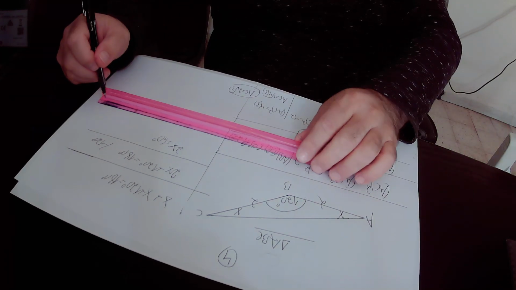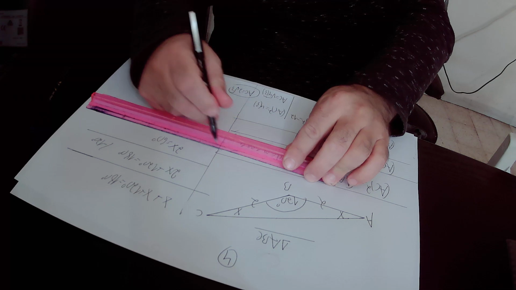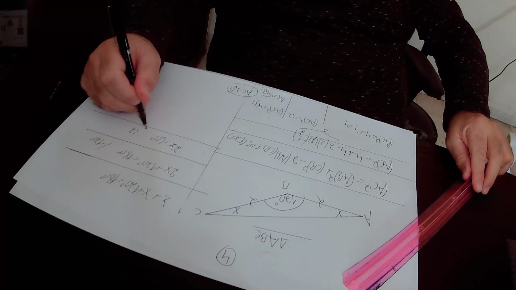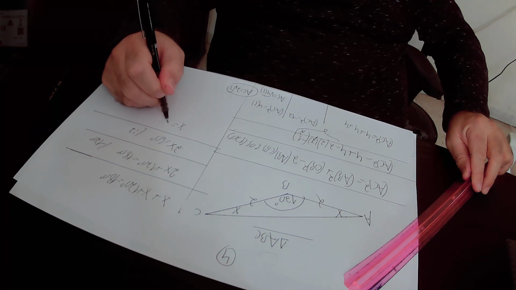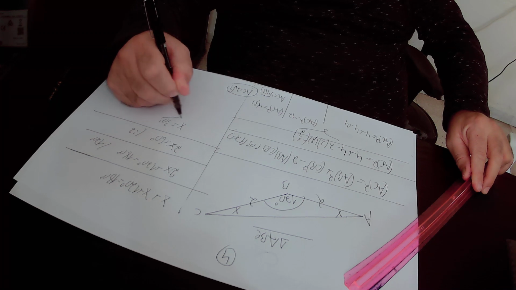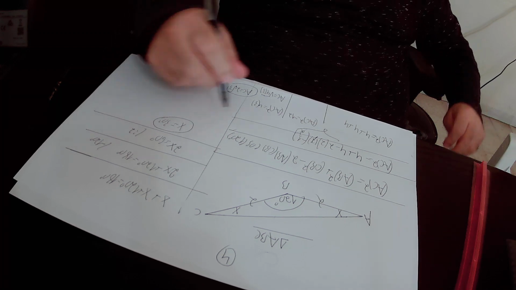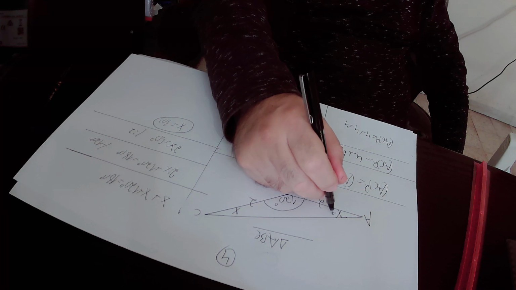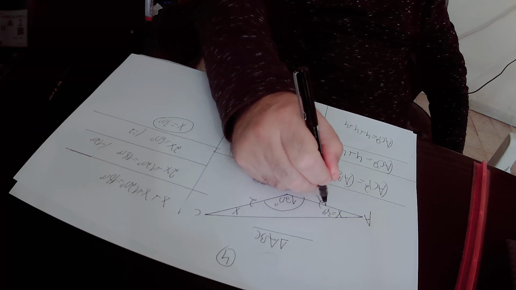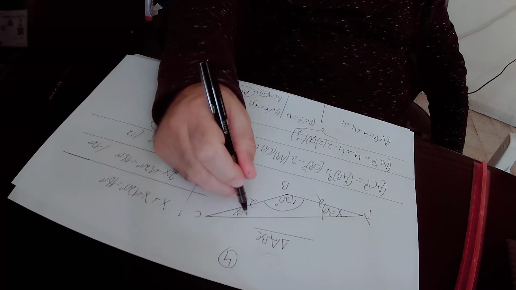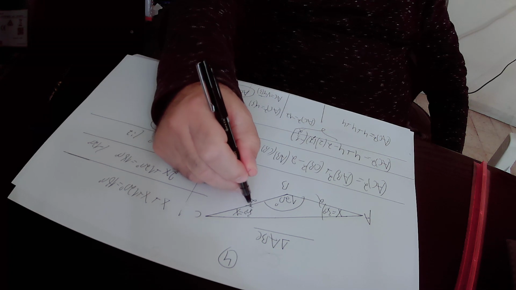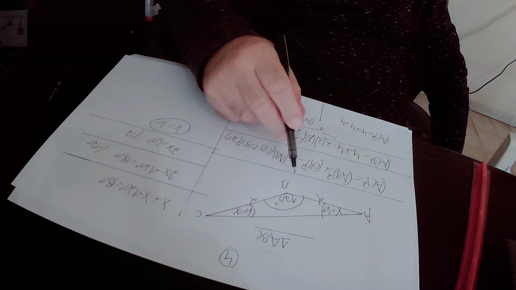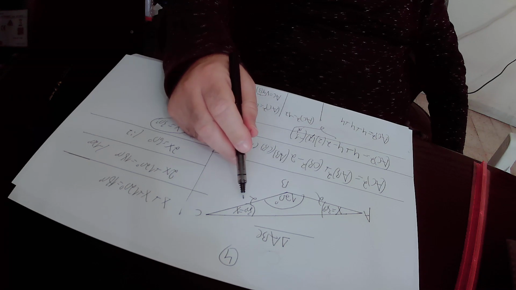So 2x equals 60 degrees, we divide this equation by 2, and we get that x equals 60 degrees over 2, it is 30 degrees. So this angle x equals 30 degrees, and this angle x is also 30 degrees, and this angle is actually angle ACB. So angle ACB equals 30 degrees.